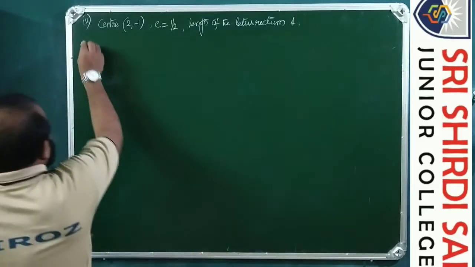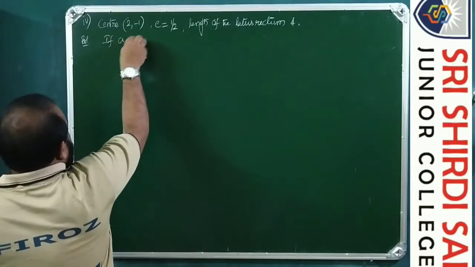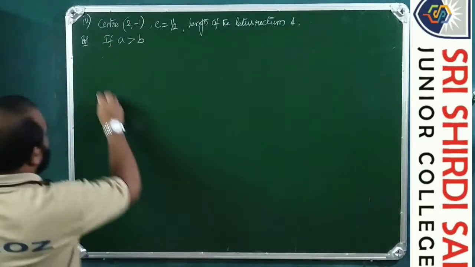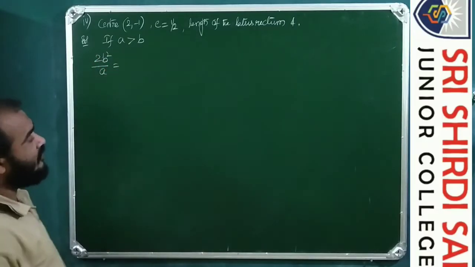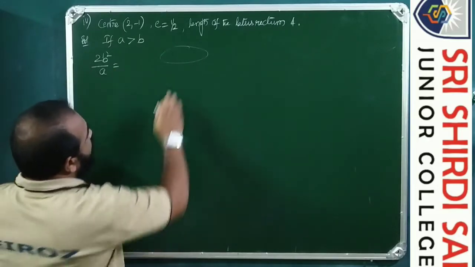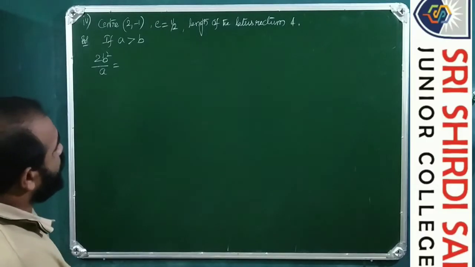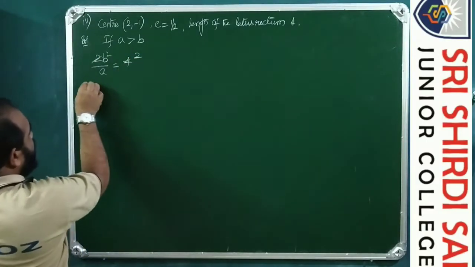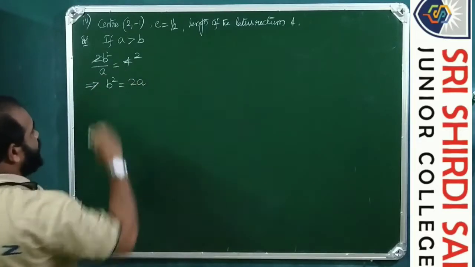So if A is greater than B, then the length of the latus rectum is 2B square by A. So this is equal to 4. So B square is equal to 2A.